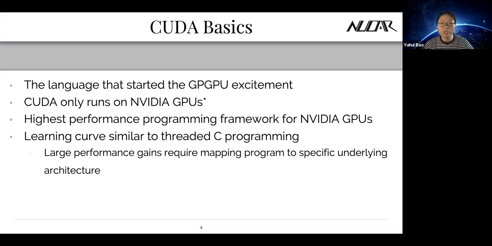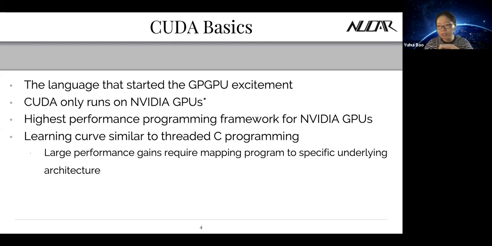In theory, CUDA only runs on NVIDIA GPUs, but there is a lot of research work that tries to translate the intermediate language that CUDA's compiler produces into binaries that you can run on other targets.